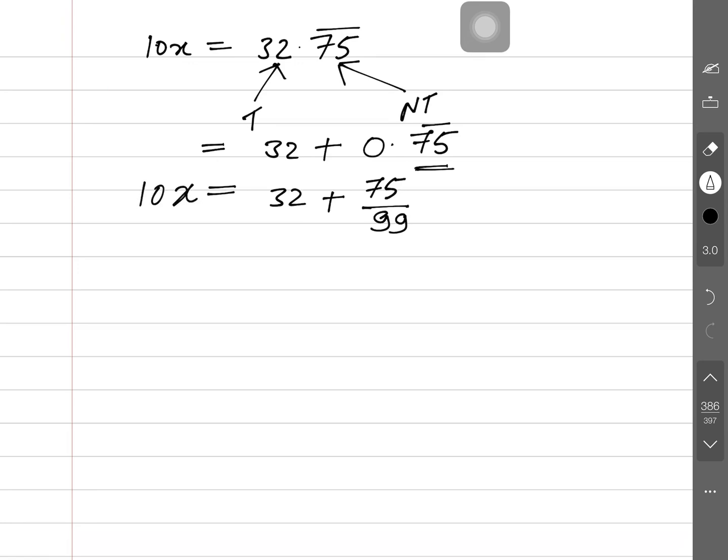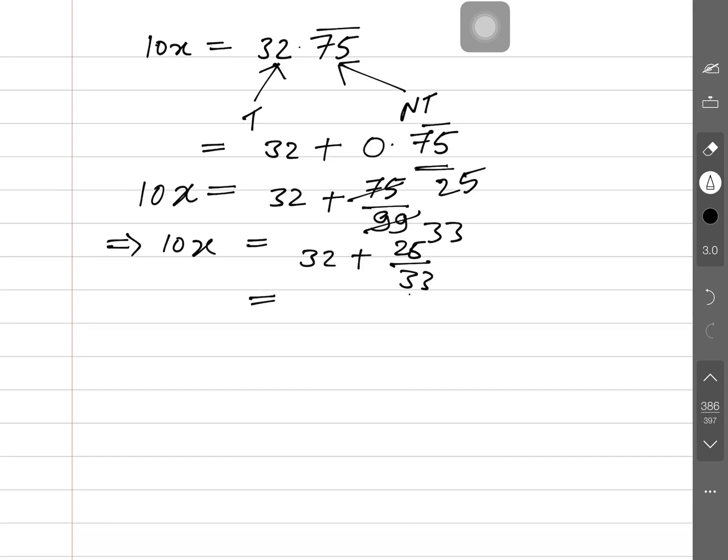And this is 10x also, right? Further, the arithmetic process which you know is to be done continuously. And if there is something common, you may cancel it. 3 3s are 9 and 3 5s are 15. Is there anything more common? No. Now 32 plus 25 divided by 33.